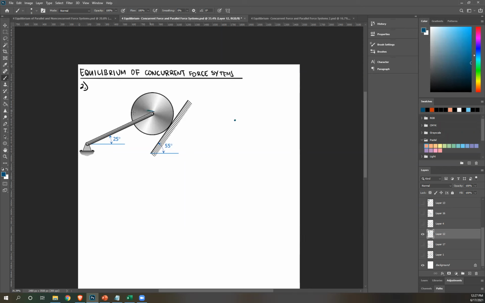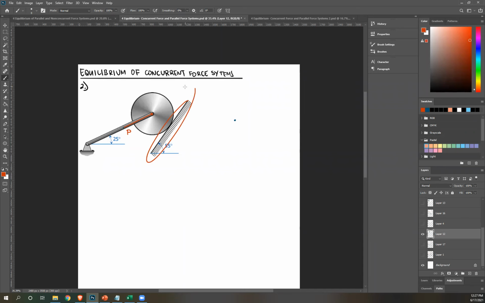Okay? So once again, this rod pushes against the cylinder. So this should be our force. So that's force P. Let's choose a different color. Okay, so that's our force P. And then in the same way, as you can see, the cylinder and the incline have contact surfaces.